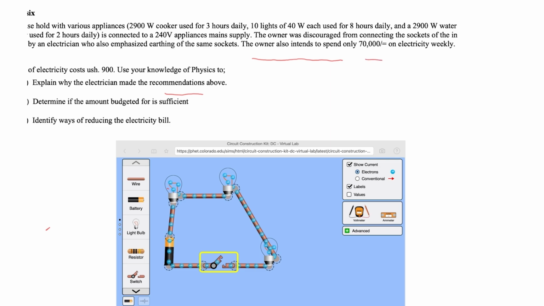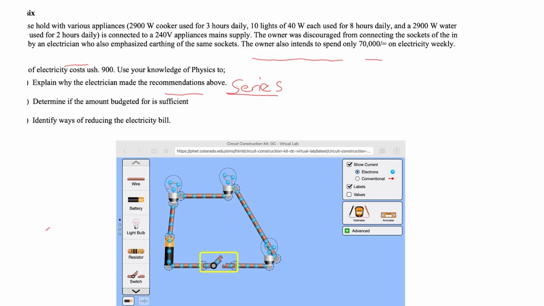In series by an electrician. Meaning that there is another way of connecting these electrical appliances apart from the series connection. Is there any other way? Why did the electrician discourage us from using the series connection?